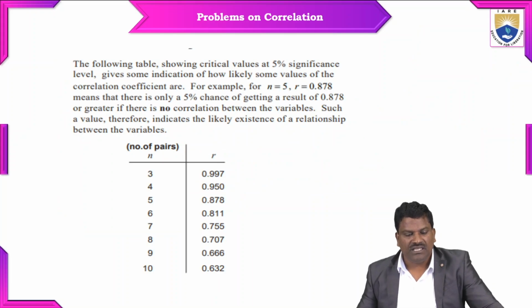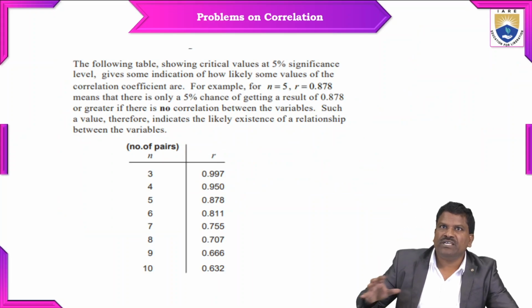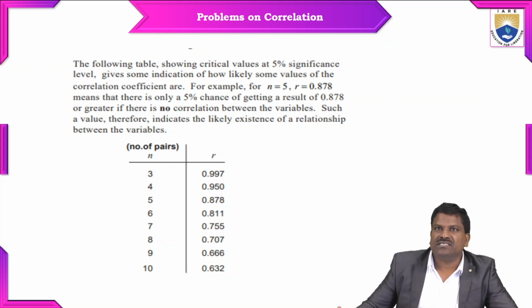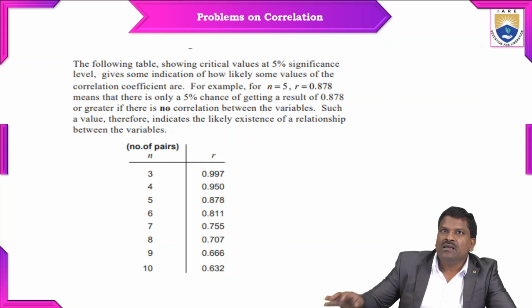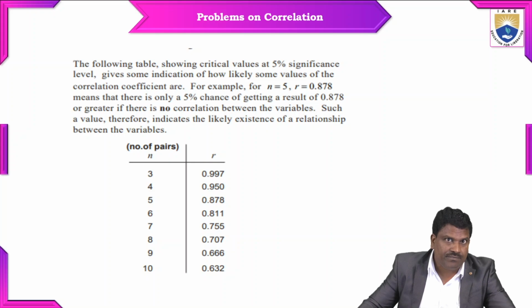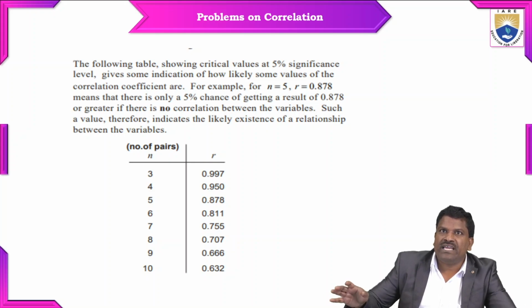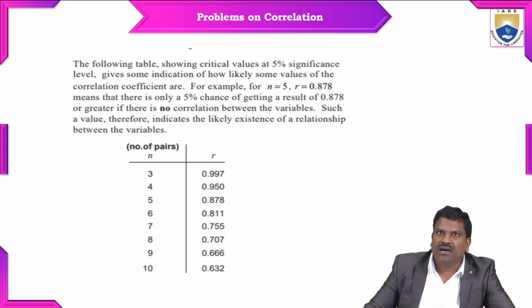So, this table shows critical values at the 5% significance level. Almost all sums on correlation and test of hypothesis will ask you to calculate at the 5% significance level. So this table gives some indication of how likely some values of the correlation coefficient are.